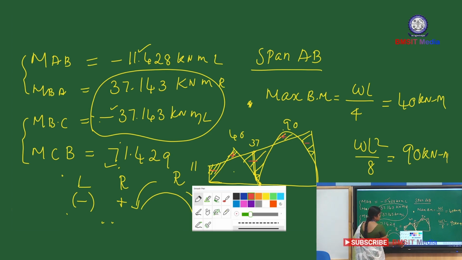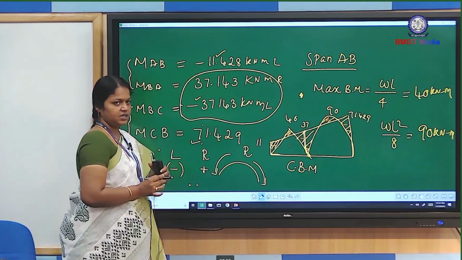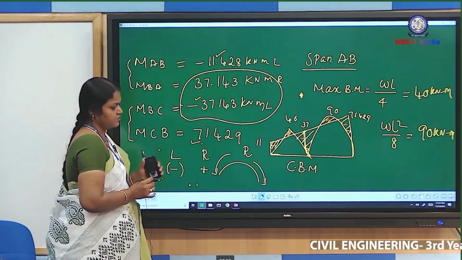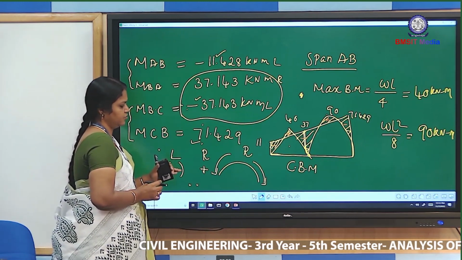This is 71.429. So this is the combined bending moment diagram. We have to show positive and negative bending moment in the same diagram with respect to the same baseline.